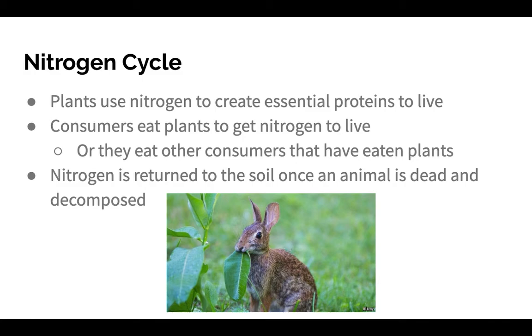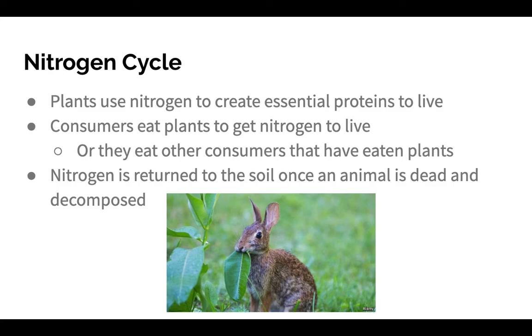So it's kind of like the energy pyramid where the further removed you are from the plant, the less you're getting in terms of nutrients. So once an animal or a plant dies, the nitrogen is broken down by the decomposers, goes back into the soil or the atmosphere, where it would then be fixed or changed by a bacteria later on in the process.